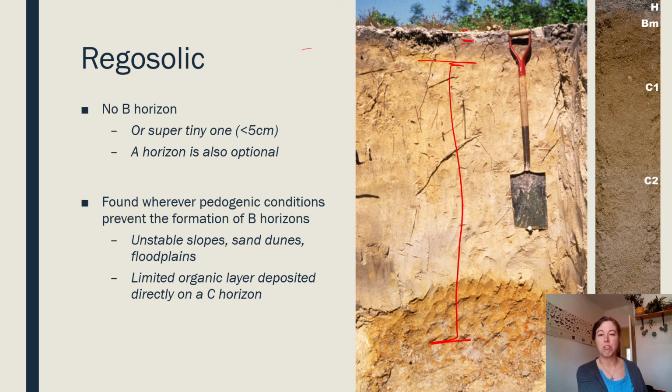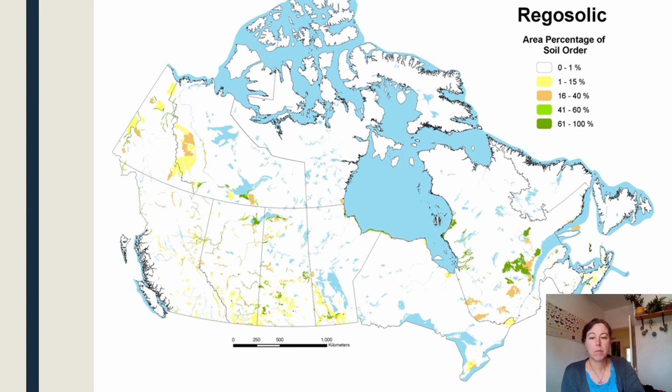Like there's pretty much just sand and then organic matter on top of it. And same here. Like it's just all sand and then some little bit of humus on the top. So there's a tiny little B layer here between, but realistically, the majority of the soil is that unconsolidated, untouched C layer. So some gravel pits, you might see a soil like this. On alvars, you see soils like this sometimes. So not super common.